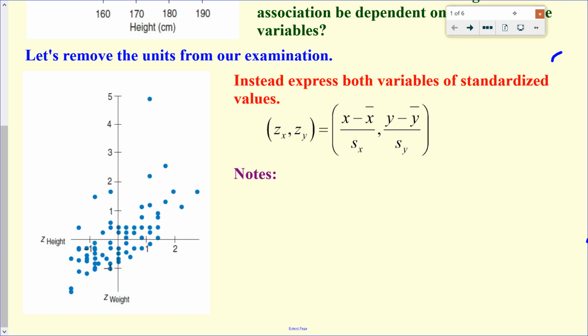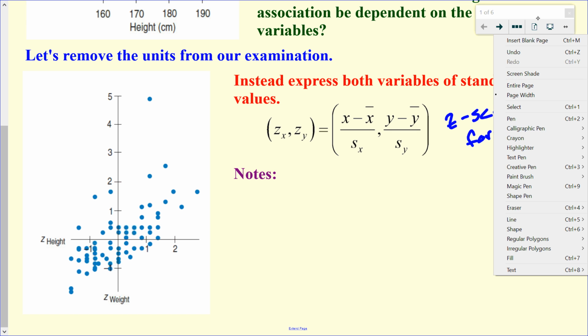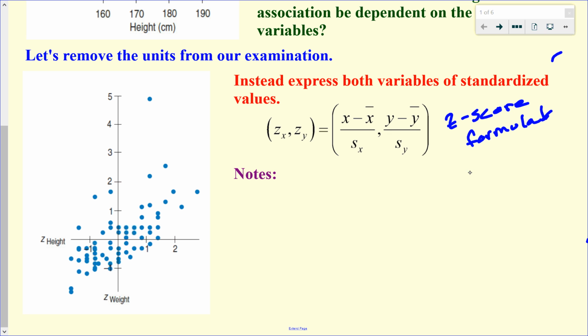Okay, so back to this. Here we have the classic z-score formulas, and we apply them to each variable and convert all of our ordered pairs into z-scores. You can see the plot here. We can still see the positive correlation, or sorry, positive association.